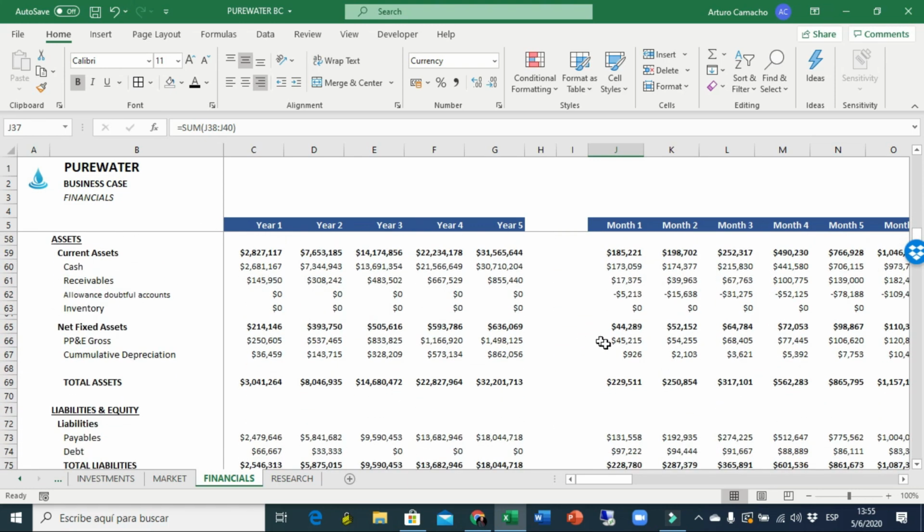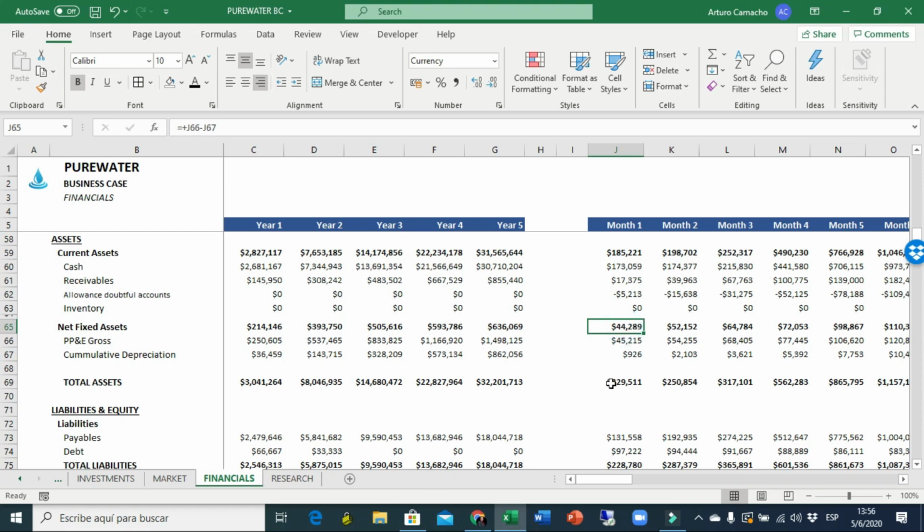So what I do is a sum with the J37 in absolute and the other thing relative, so I could copy the formula to every month like that. And the cumulative depreciation is the same thing, but with the depreciation, the sum from the first month to whatever month I'm in. Okay, so we subtract each one of them, and we have the net fixed assets here.